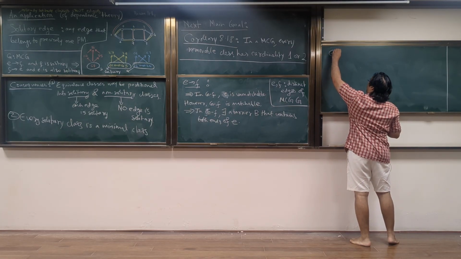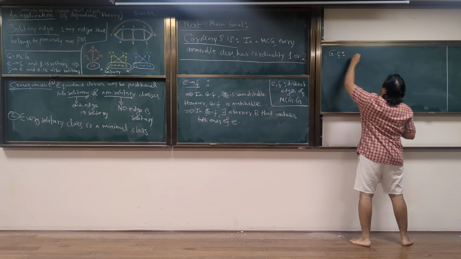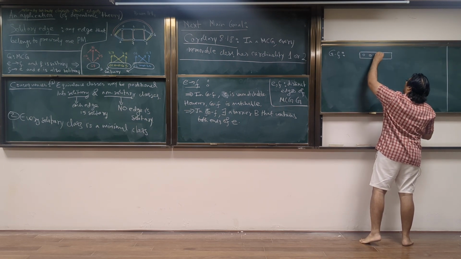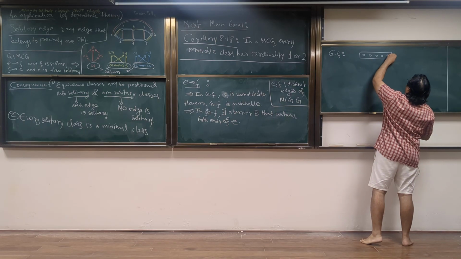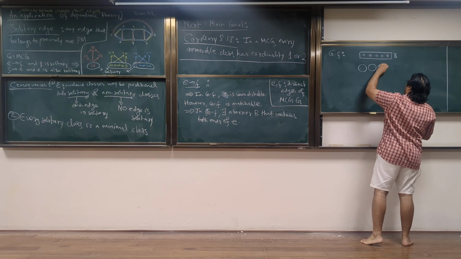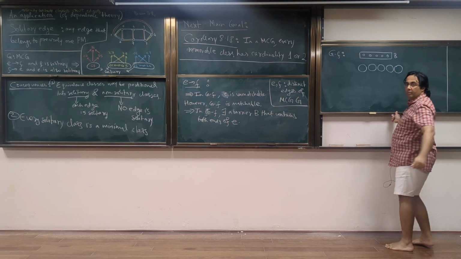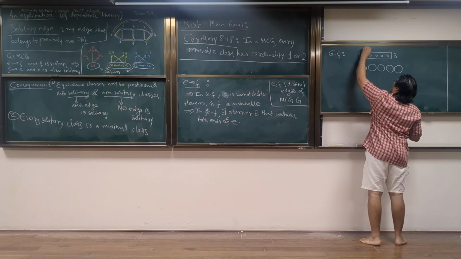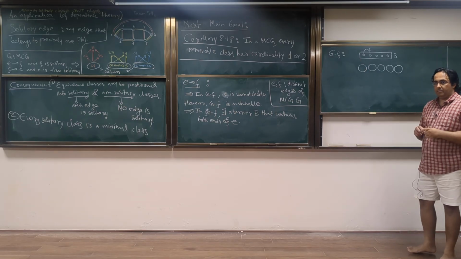G minus F. There is a barrier that contains both ends of E. So E looks like this.